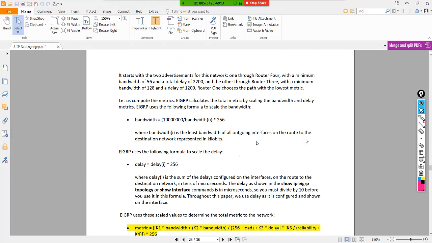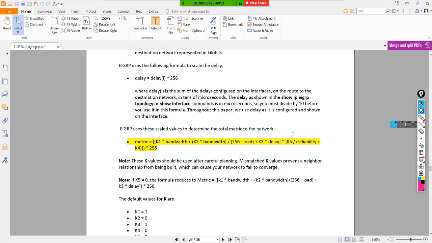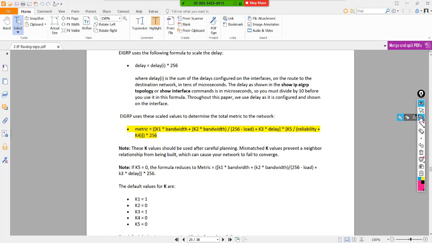First, let me tell you the formula for calculating the EIGRP metric. But don't worry, this will be simplified. The reason we simplify this is that in the case of EIGRP, I don't have to worry about everything.